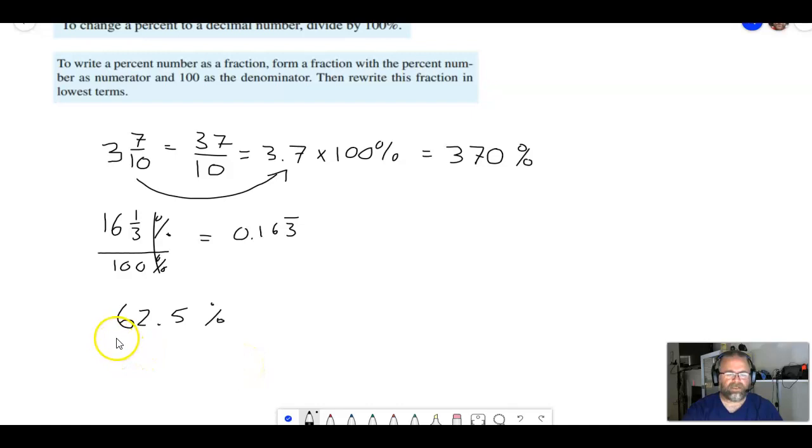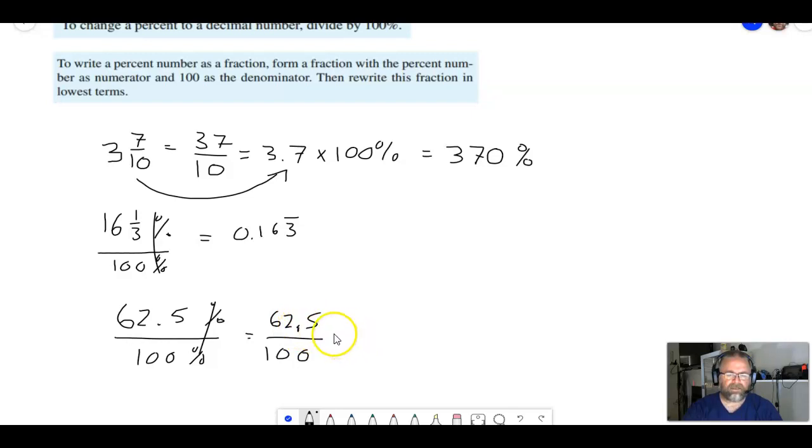All right, so the first thing that we do is divide by 100% because we don't want the percent in there. That will cancel out the percent and give us 62.5 over 100. If we wanted to do this by hand, the first thing I would do is multiply the top and the bottom by 2 in order to get rid of this decimal number.